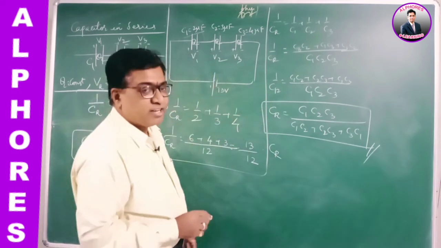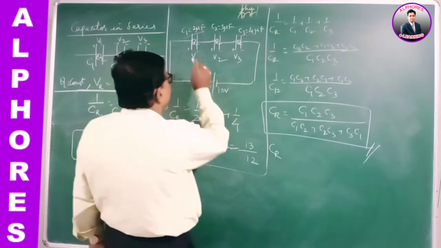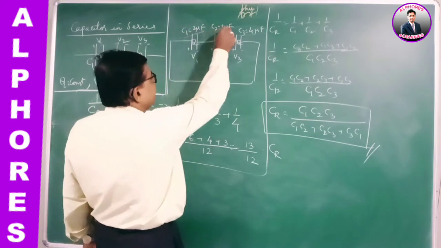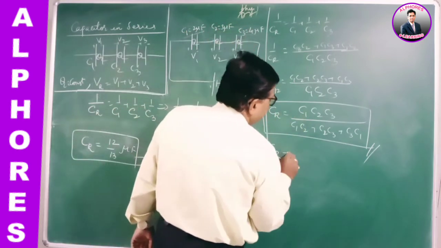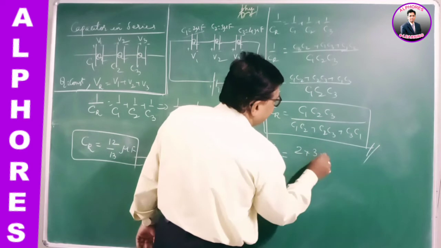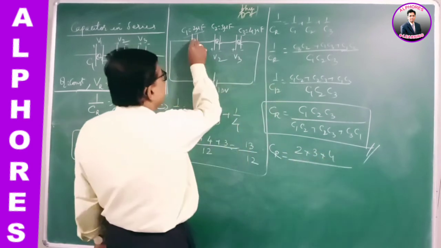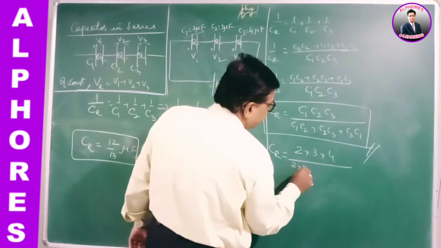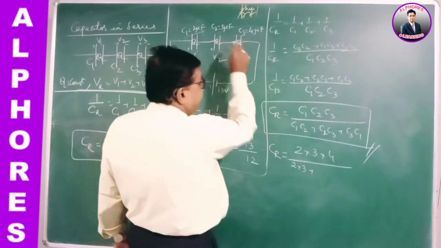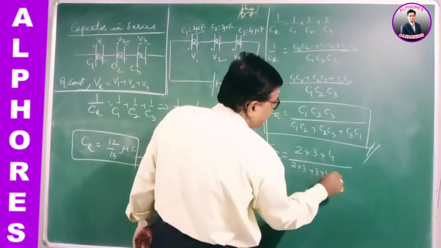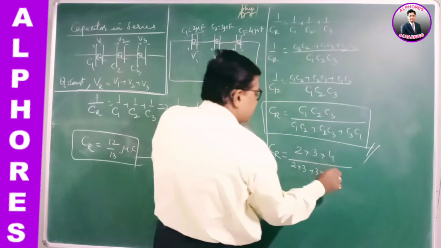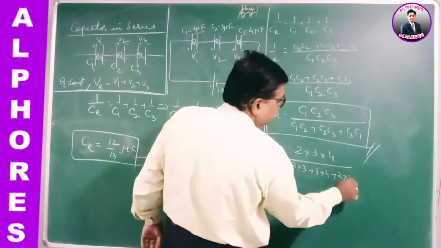Well, let me find out by this method whether we are going to get the same thing or not. C1 is 2, C2 is 3, C3 is 4. So substitute. It's 2 into 3 into 4 by C1 C2, it's 2 into 3, C2 C3, it's 3 into 4, plus C1 C3, it's 2 into 4.